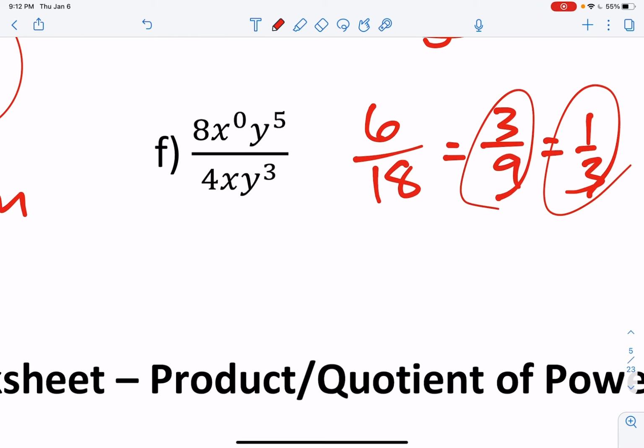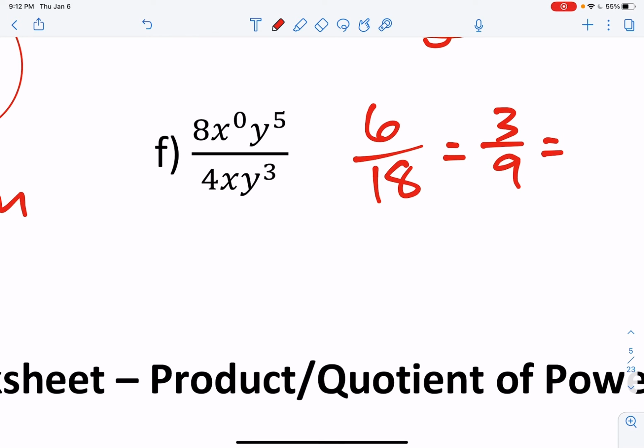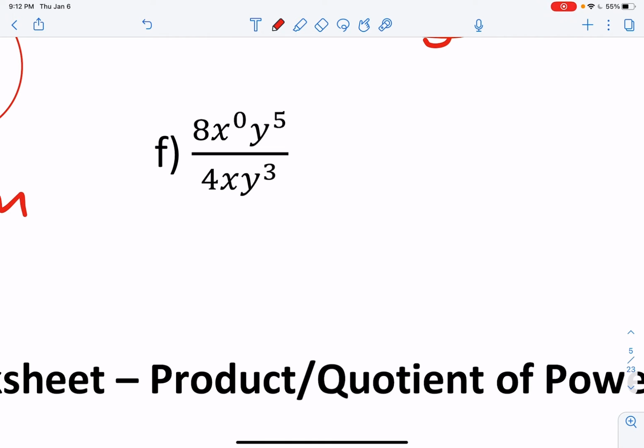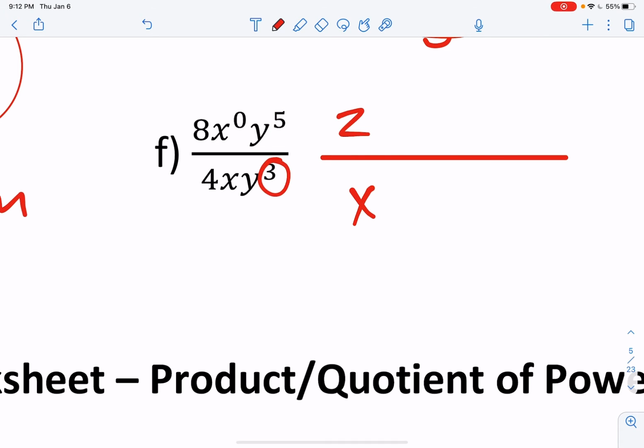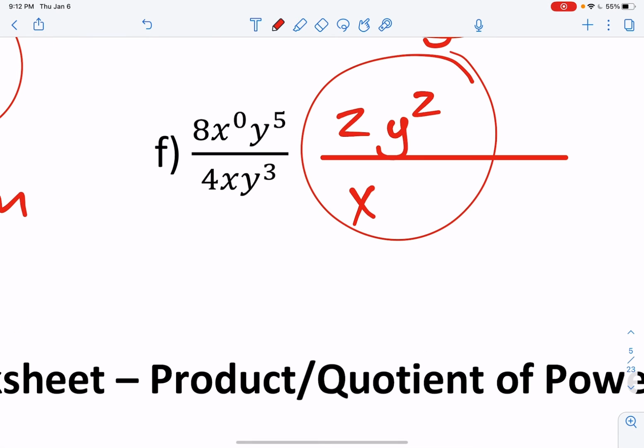Don't just settle for the first one. So in this case, 8 over 4 is the same thing as 2 over 1, or just 2 on top. I have 0 x's up top, but I have 1 on the bottom, so that means I have 1 left on the bottom. 5 y's and 3 y's means I have 2 y's left up top. There's my answer.